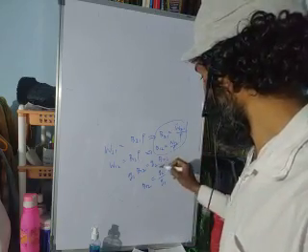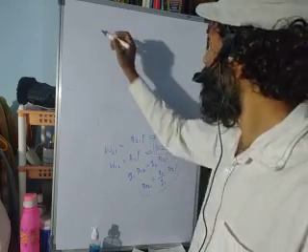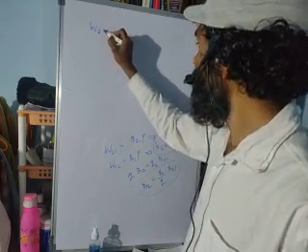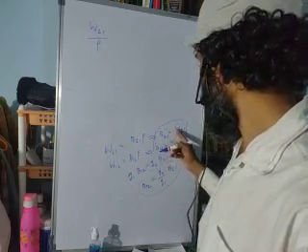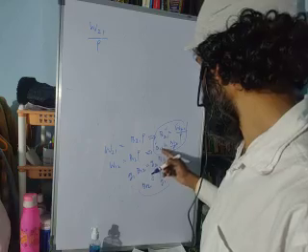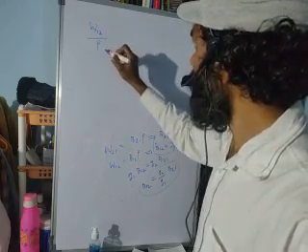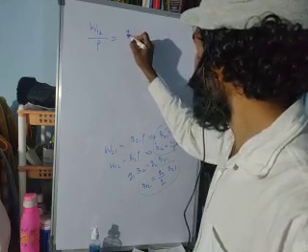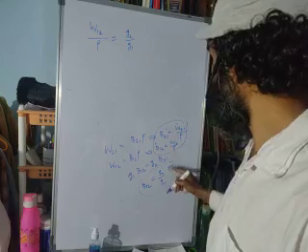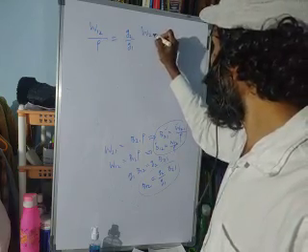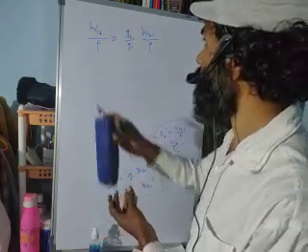If I use this one and this one in this one, I will get W12 divided by rho being equal to G2 by G1 into W21 divided by rho, and I can cancel out rho on both sides.